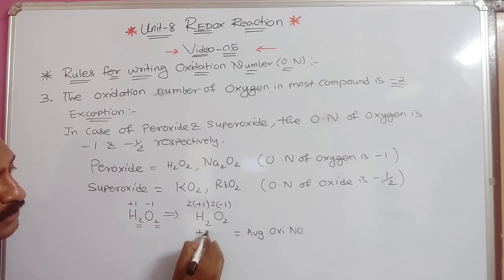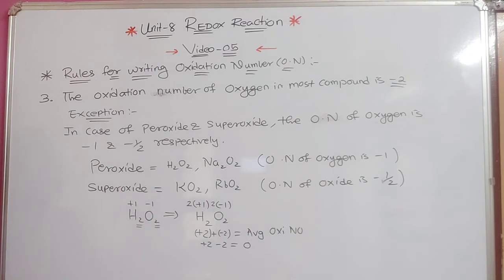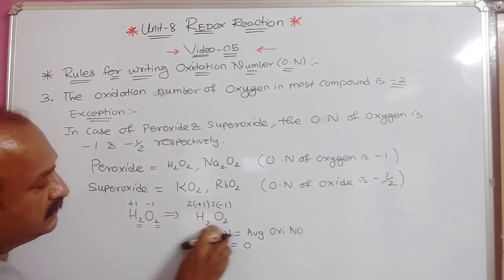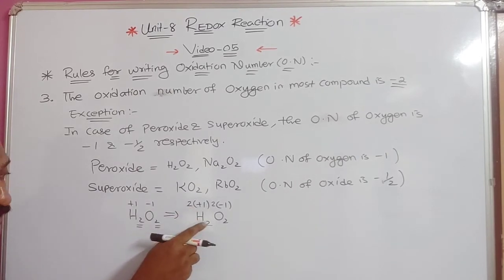So 2 into +1 is +2, plus 2 into -1 is -2. But this we will study in a later unit. What I want to say is that the oxidation number of oxygen is -1 in peroxide.